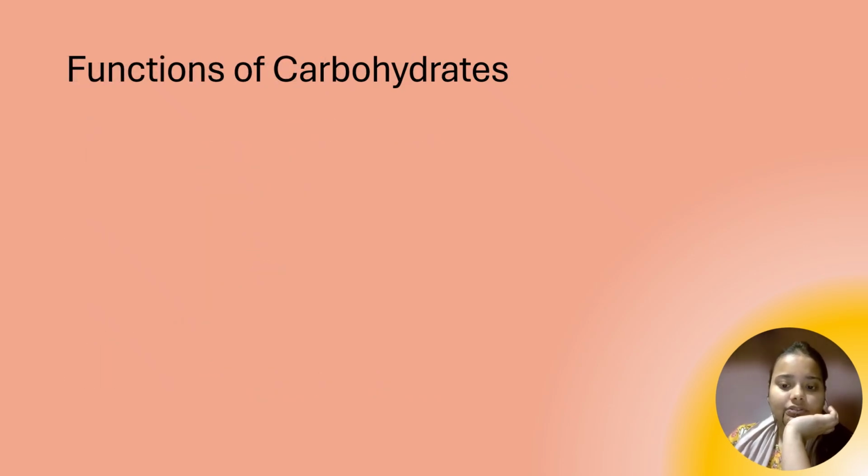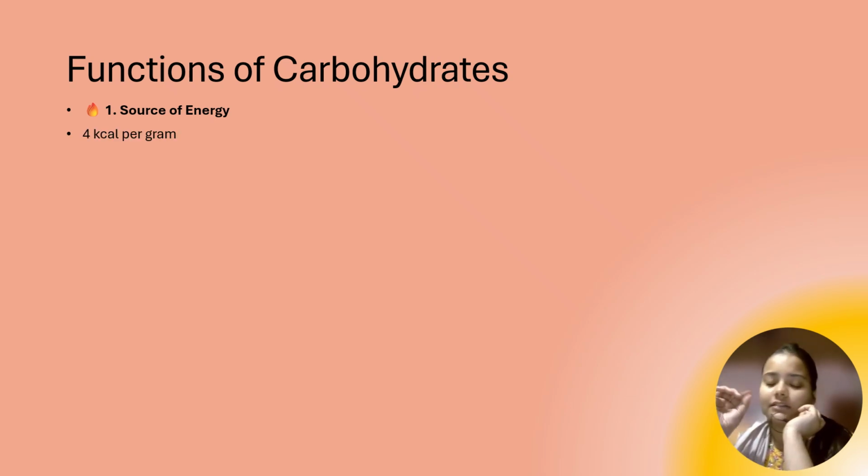Functions of carbohydrates. Source of energy: what I told in the initial slide, 4 kilocalories per gram of energy. These are the functions of carbohydrates which will come in your exams also. I'm giving them in points; you can elaborate and write them in your exams.